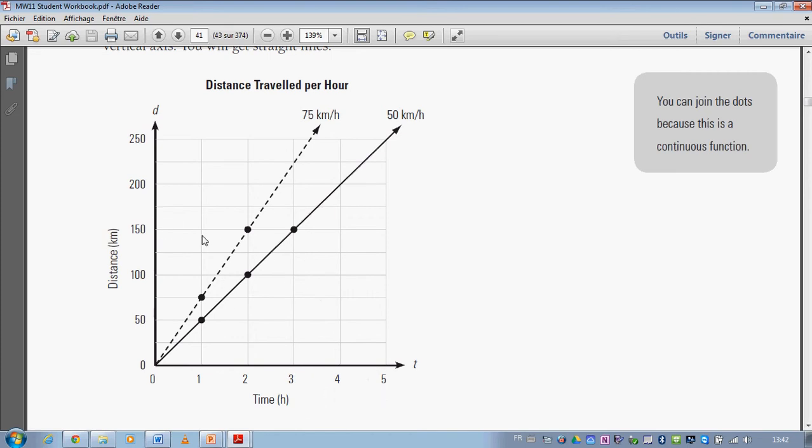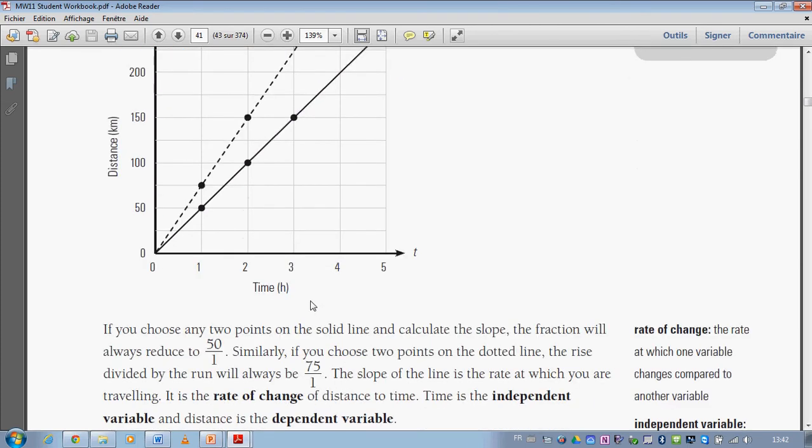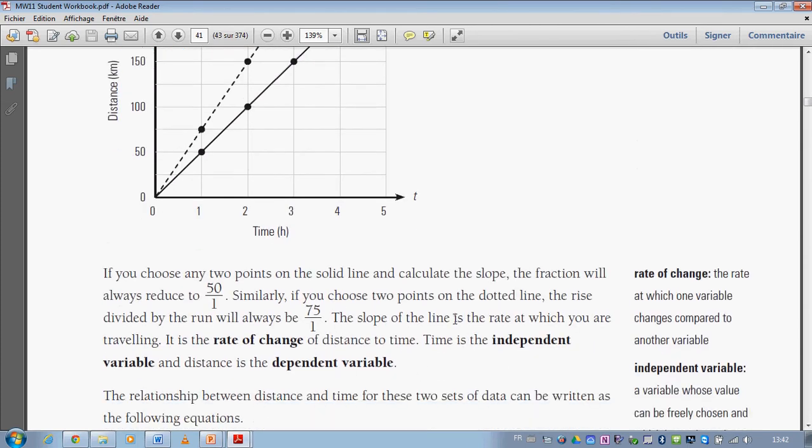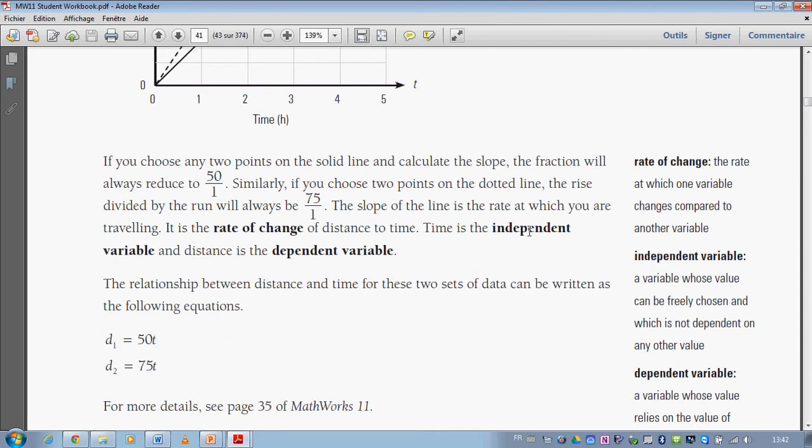Time doesn't depend on how far you've traveled. It's more that how far you've traveled will depend on how much time you've been traveling. Okay, so that's what they were explaining here. Time is the independent variable, and distance is the dependent variable.